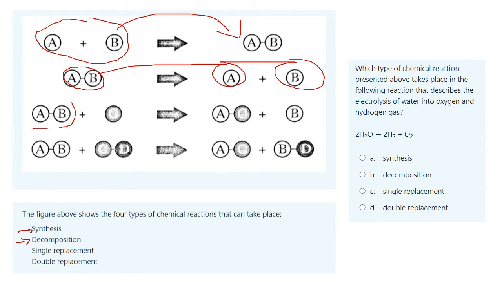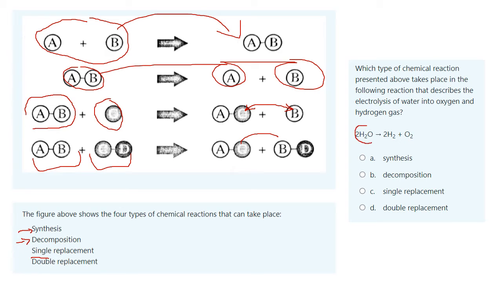When we have 2 things joined together and one thing outside changes place with one thing inside, well, this is single replacement or single displacement, depending on which textbook you're looking at. If you have 2 things that are joined together and 2 things change places to make 2 new chemicals, then we have double replacement.